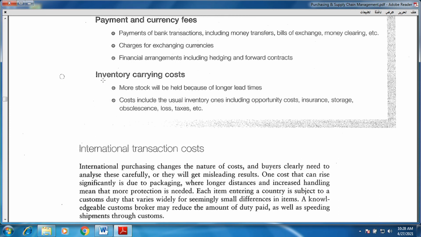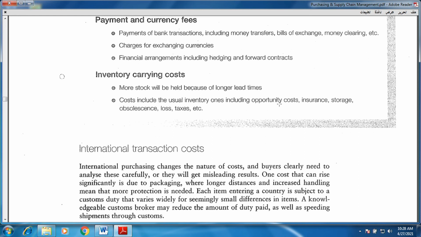And finally, we have the inventory carrying cost. When we import from the outside, usually we have more stock than usual because it's not easy. It takes a long time for the goods to reach us. So we need very big warehouses to hold the inventory, not the ordinary inventory that covers our work for a few weeks or months, but usually inventory to cover us during the year.